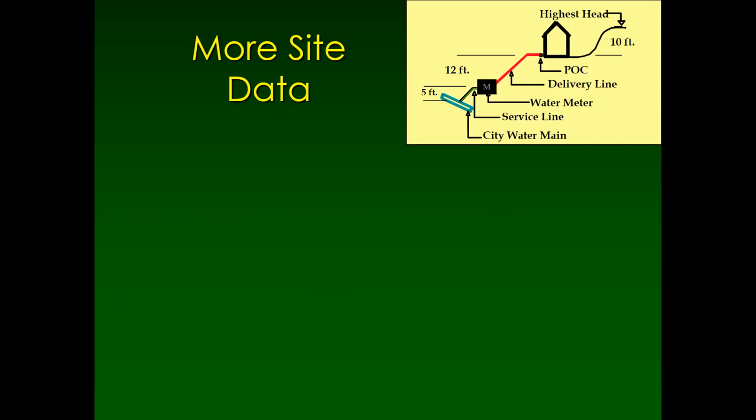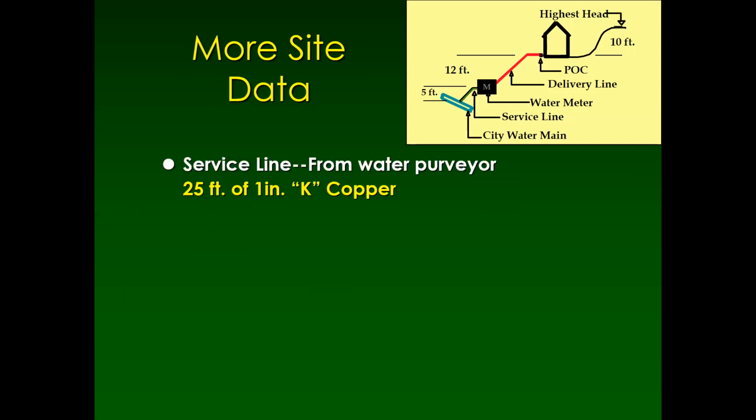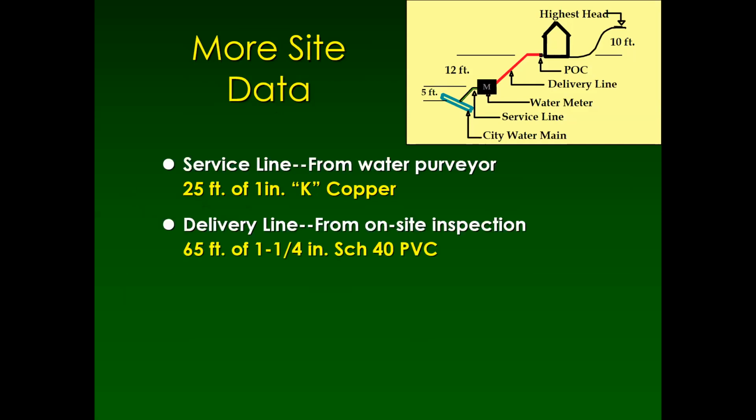So here's our site again. Our service line from the water purveyor is going to be 25 feet of 1-inch type K copper. Our delivery line from our site inspection is going to be 65 feet of 1.25 inch Schedule 40 PVC pipe.